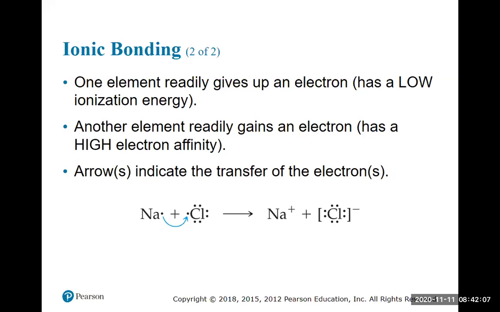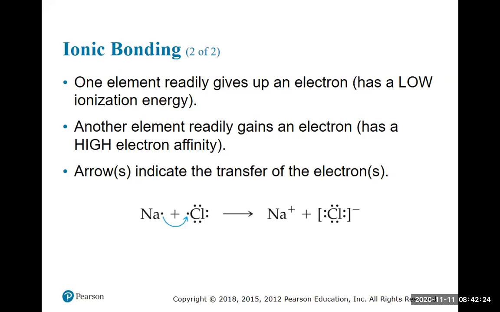We see sodium in the 1A group has the one dot, the one electron. And then the chlorine, which is in the 7A group, has 7 dots or 7 valence electrons.